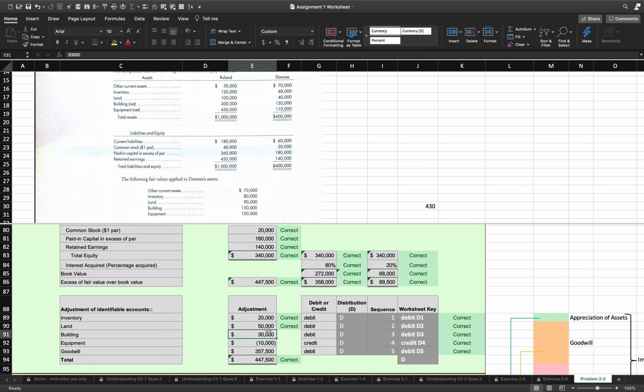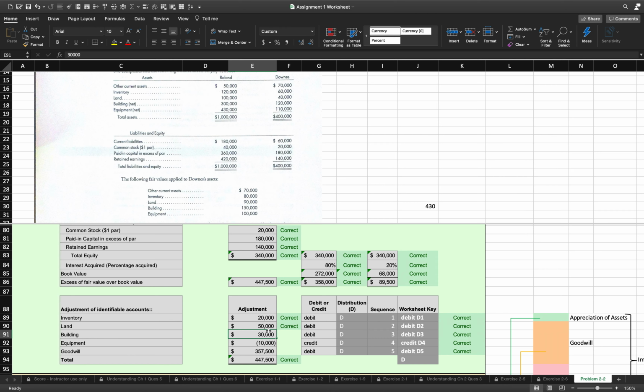The consolidations that we do, they don't get recorded per se. We just determine the final balances of the consolidated group, furnish those statements, and then we ignore all of this and continue. The two companies continue separately, the parent and the subsidiary. They continue separately to do their own things throughout the year. And then the next year, again, we're going to repeat this process and increase the value of these assets.